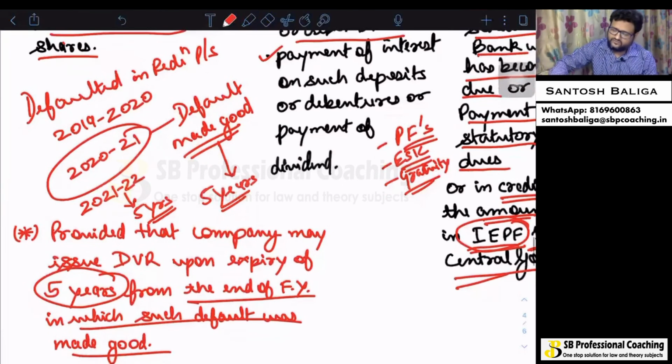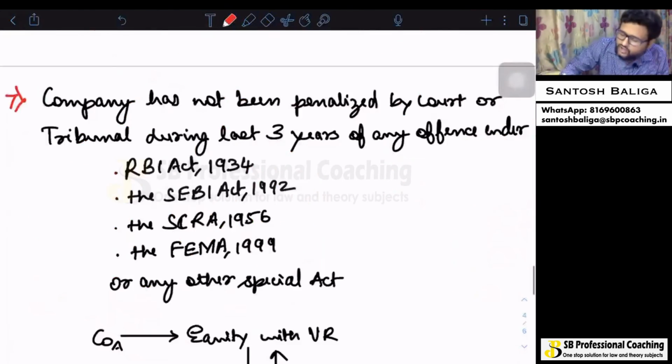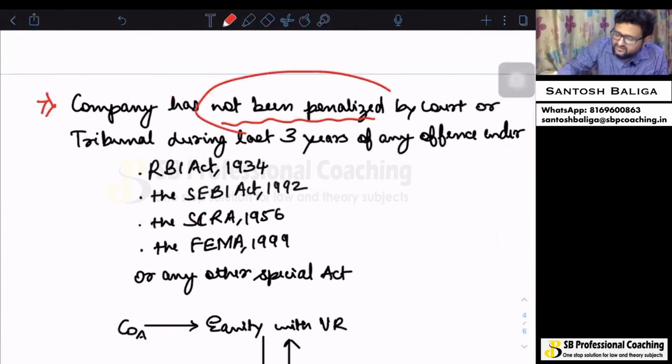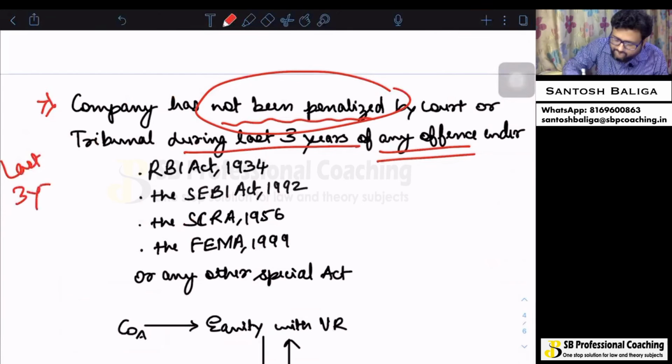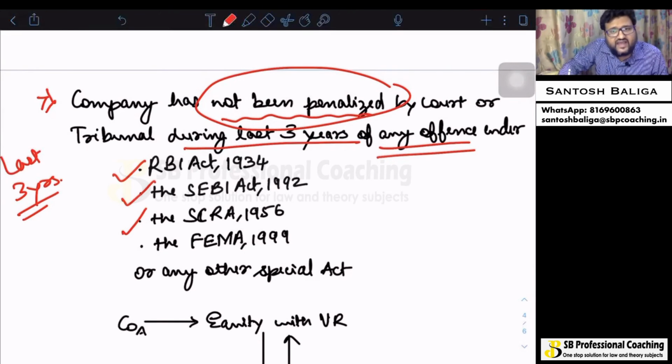Now, the last point is the company has not been penalized for any offence during the last 3 years under the RBI Act 1934, the SEBI Act 1992, the SCRA 1956, the FEMA, Foreign Exchange Management Act 1999, or any other special act under which any regulator has come up with an act. Okay, this is clear. So there are 7 conditions which we have gone through.